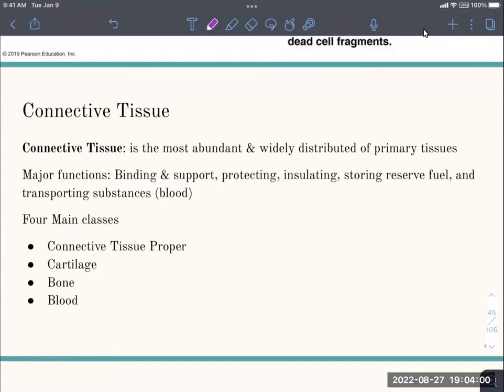So the major functions of connective tissue are binding, support, protecting, insulating, storing fuel, and transporting substances. There are four classes of connective tissue: connective tissue proper, cartilage, bone, and blood. Yes, blood is considered a connective tissue.